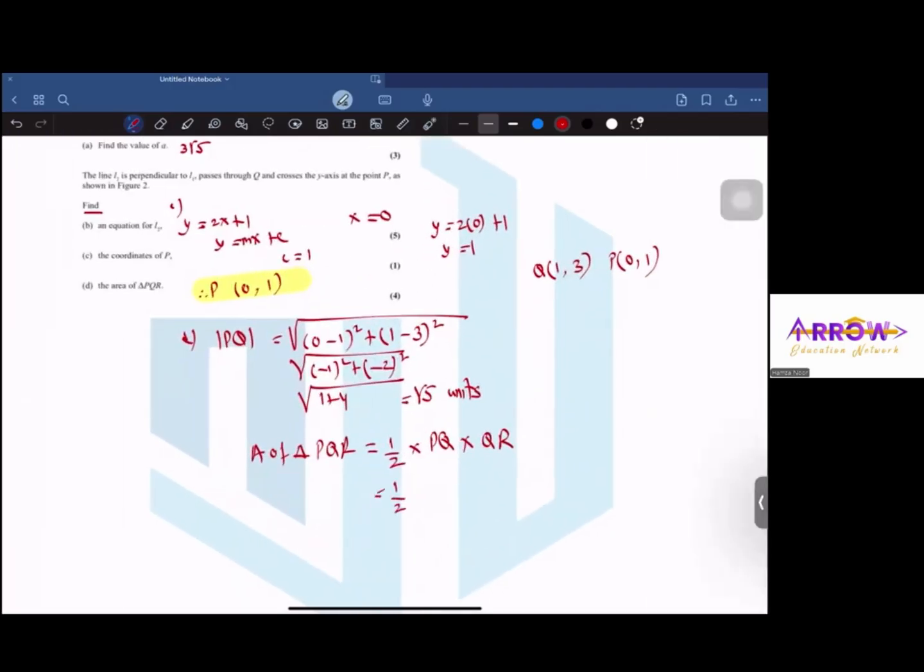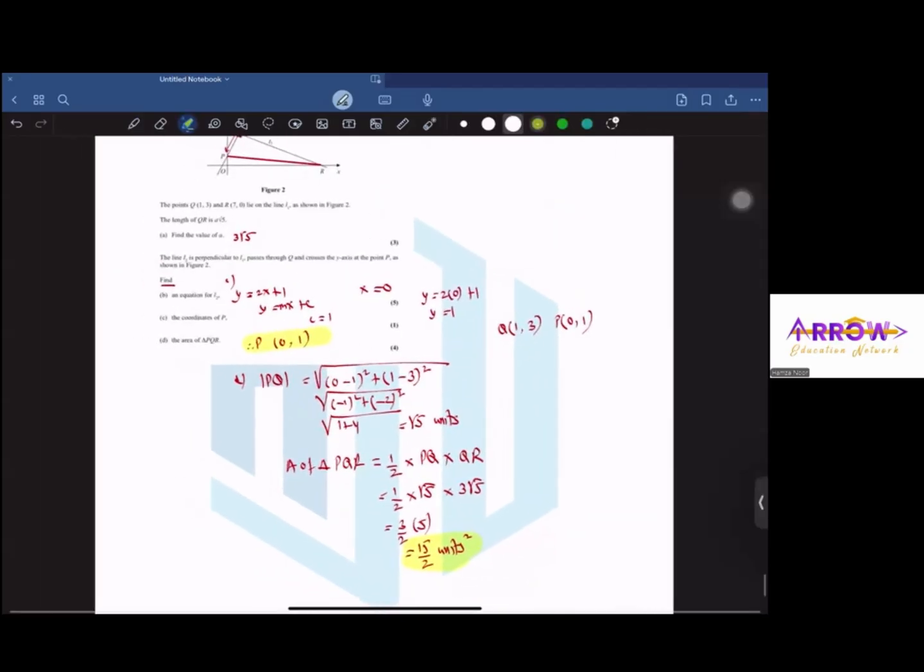Half multiplied by the length of PQ, which is root 5, and the length of QR, which is 3 root 5. So 3 upon 2 multiplied by root 5 times root 5, which is 5. So 3 upon 2 multiplied by 5, meaning 15 upon 2 units squared is your answer. Either you write your answer as 15 over 2 or simply 7.5 units squared. This is supposed to be your answer.